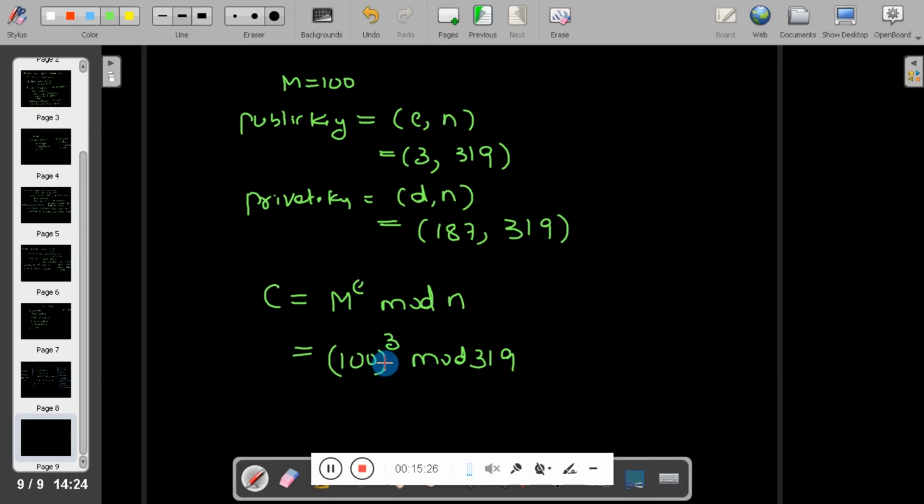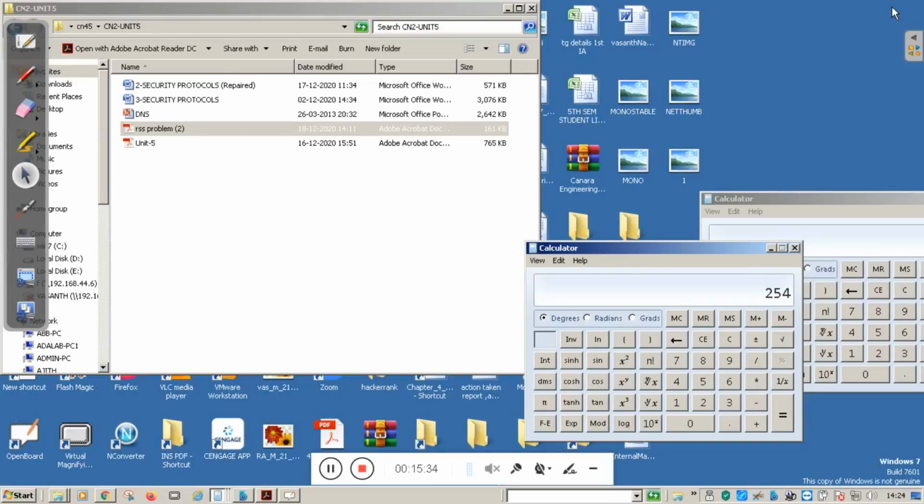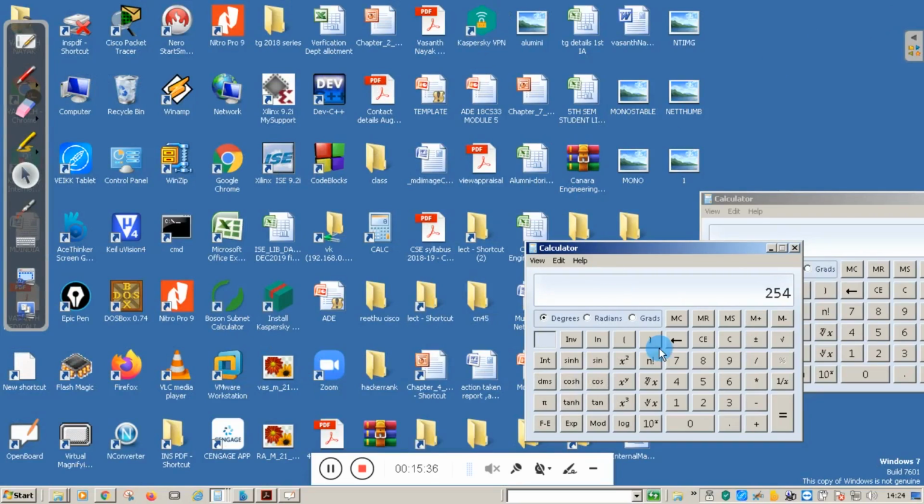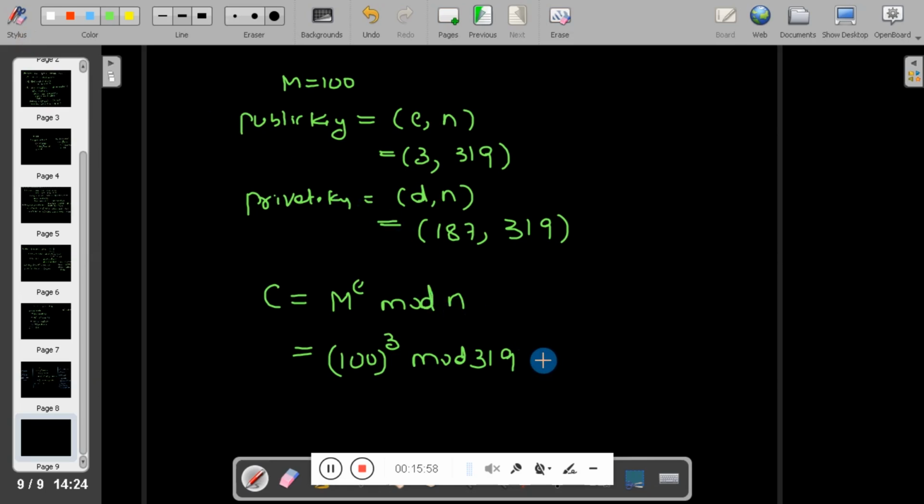You need to find out this value, so let us use the calculator here. 100 raised to the power 3 mod 319, you will get the value 254. We got the value C equal to 254.